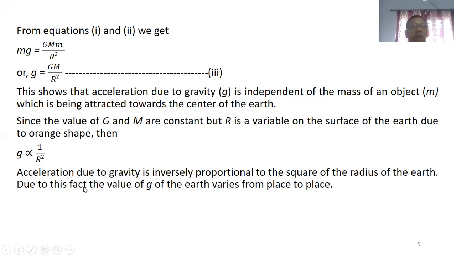Due to this fact, the value of g of the Earth varies slightly from place to place on the surface of the Earth. Like the radius of the Earth at the equator is longer than the radius of the Earth at the pole.